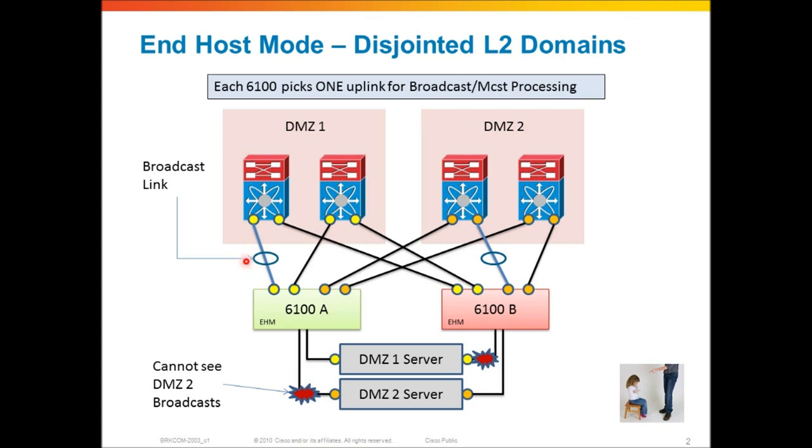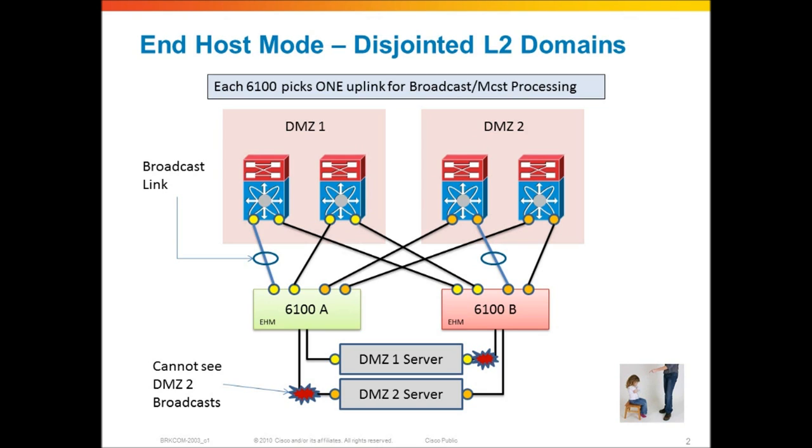The broadcast listener is over here on DMZ1. So that's a problem that might creep up on you later on. You might think that IP connectivity to the rest of the world is working just fine, but as soon as an ARP entry times out on a server, on a switch, a few hours later, things suddenly start to break.